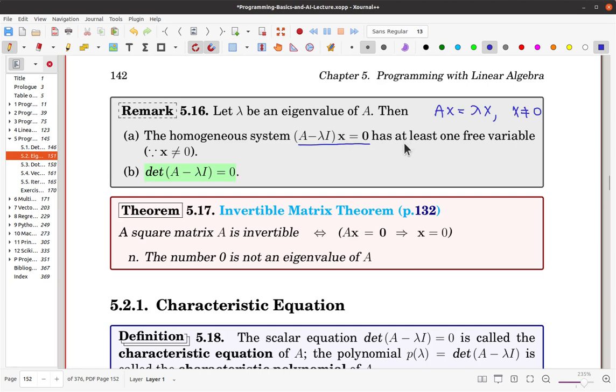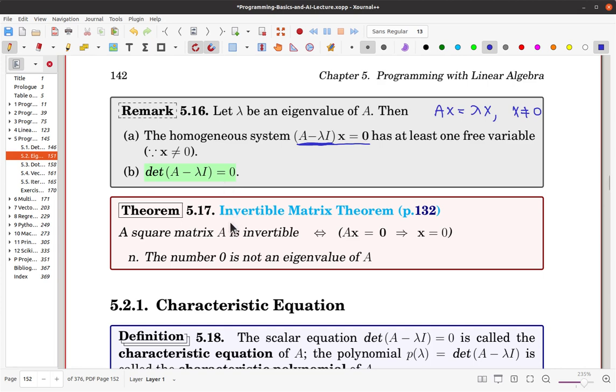That means it has at least one free variable, because x is non-zero, and also the determinant of (A minus lambda I) must be 0. So that the determinant is 0 and we can have a non-trivial solution. This will be used when we try to find eigenvalues and then eigenvectors.